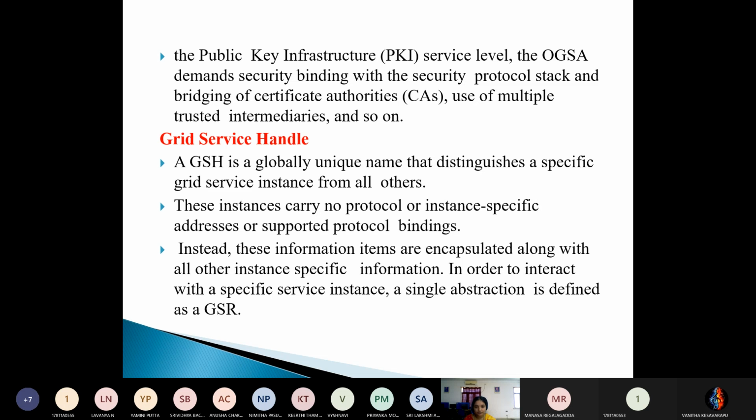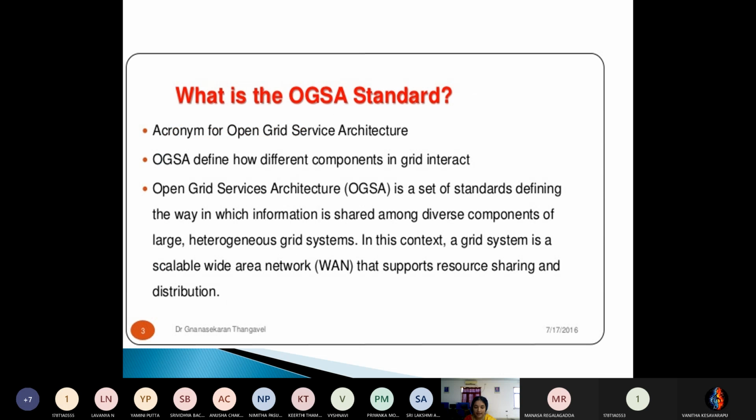Next, coming to the grid service handle. What is meant by grid service handle? In short we can say it is GSH. It is a globally unique name that distinguishes a specific grid service instance from all others. OGSA employs a handle resolution mechanism for mapping from GSH to GSR.